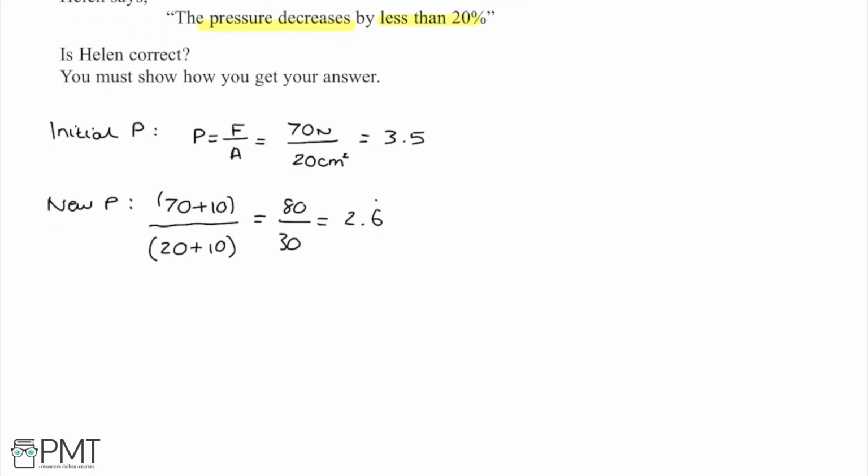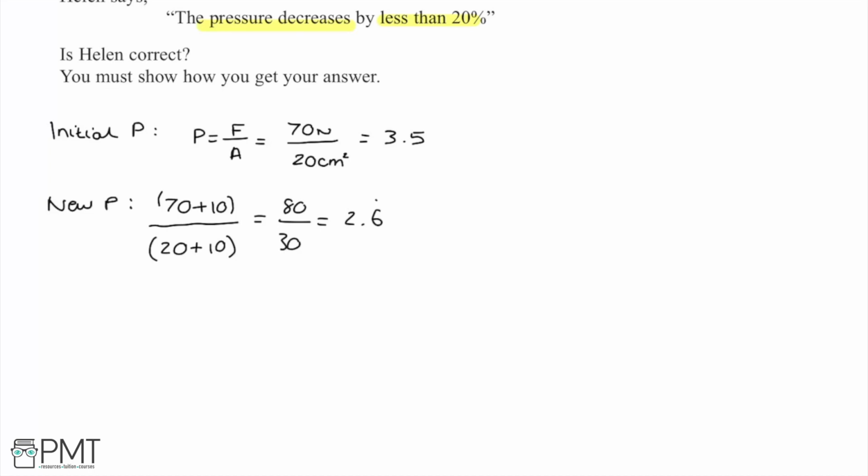So now we've got our two pressures, we need to look at a way of comparing them. To test whether the pressure has decreased by more or less than 20%, we could take the initial pressure and see where a 20% decrease would take us.